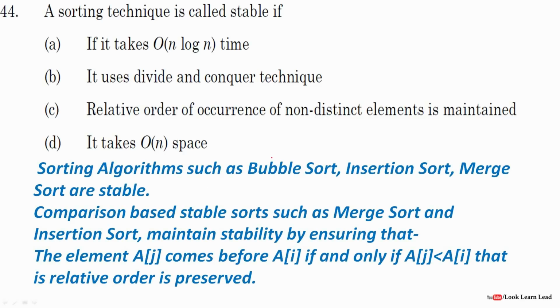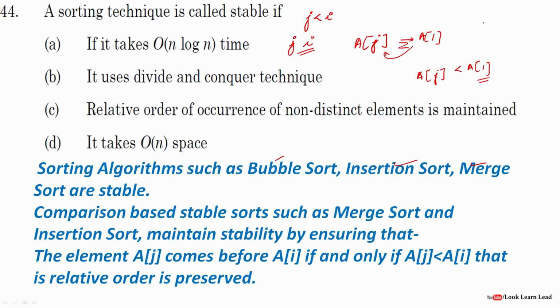Sorting algorithms such as bubble sort, insertion sort, merge sort are stable because comparison-based stable sorts maintain stability by ensuring that the element A[j] always comes before A[i] if j is less than i, while sorting. That is, if A[j] is less than A[i].